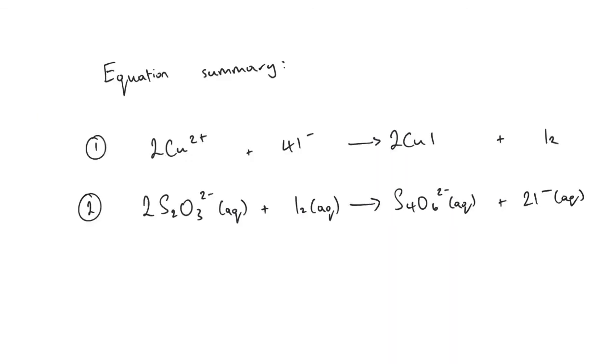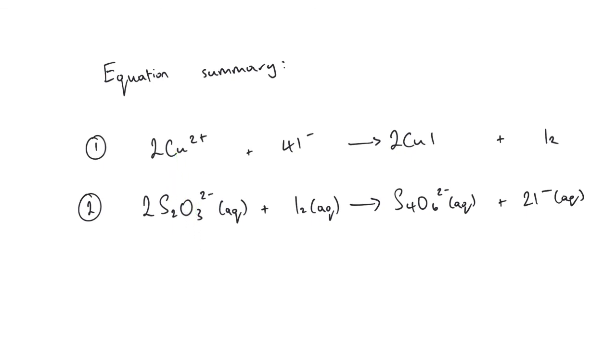Now here's an equation summary. Our first reaction is the addition of iodide ions to copper ions to form iodine, and my second one is a reaction between thiosulfate and iodine. Now, a really important thing is to work out the ratio between thiosulfate and copper, because that is how we're going to work out our number of moles of copper, so ultimately be able to work out my percentage mass.